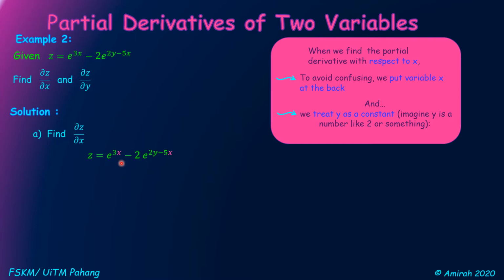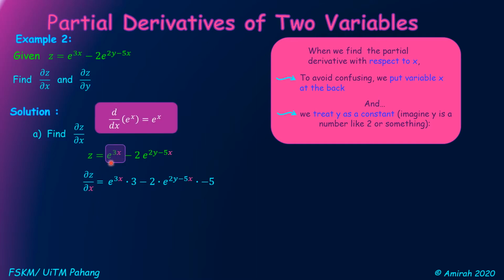Now we treat y as a constant. We just imagine y is a number like 2. Then we can find the partial derivative of z with respect to x, which is del z over del x.